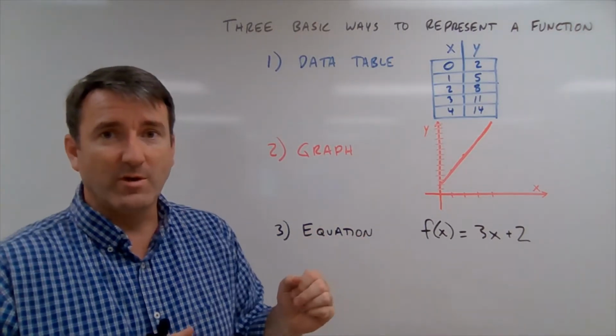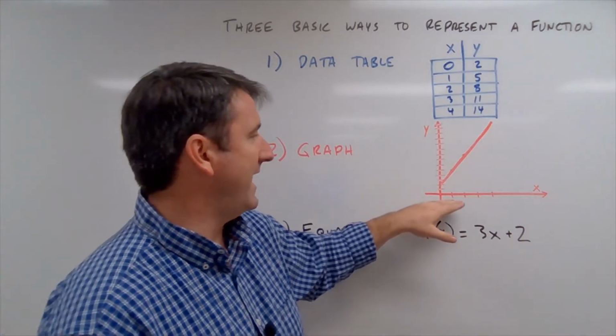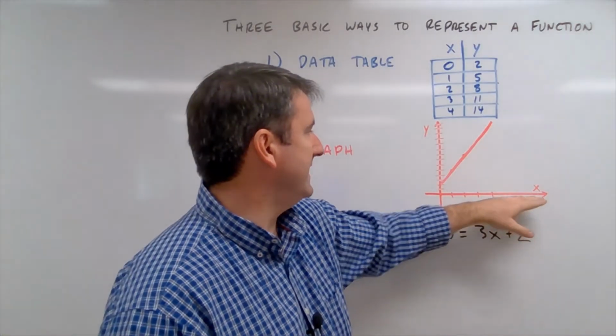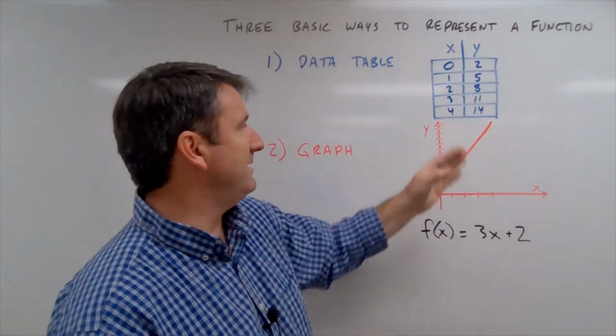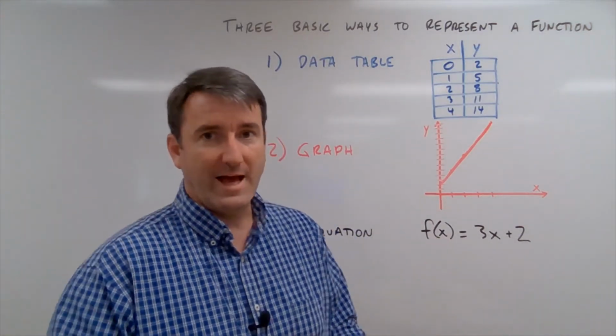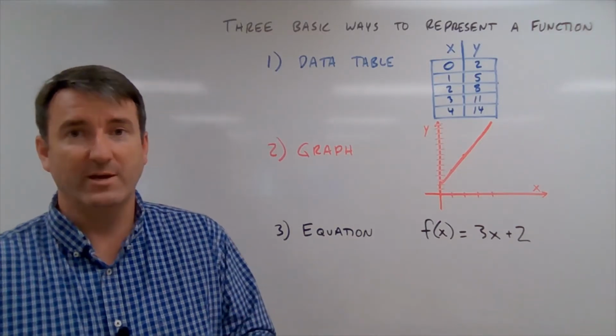The second way that we're going to represent a function is with a graph. And on the graph, we're going to have the independent variable on the horizontal axis and the dependent variable on the vertical axis. And then finally, we can represent a function with an equation.